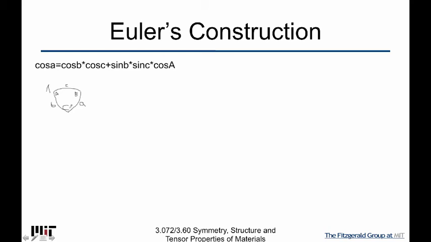So without going into too much data and too much derivation, what happens here is that we can take, remember that the BC arc is part of a great circle that's passing through here, right?